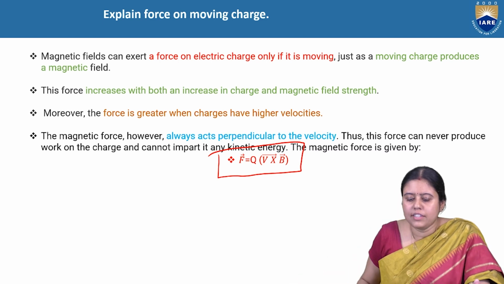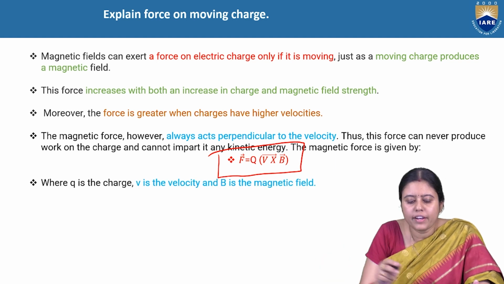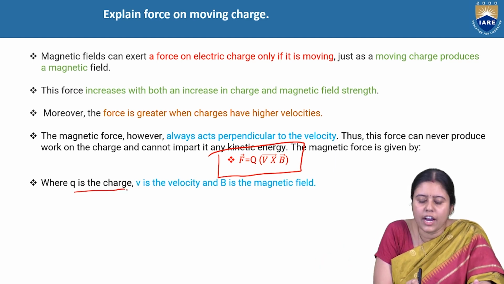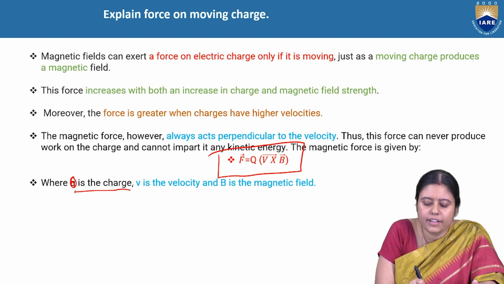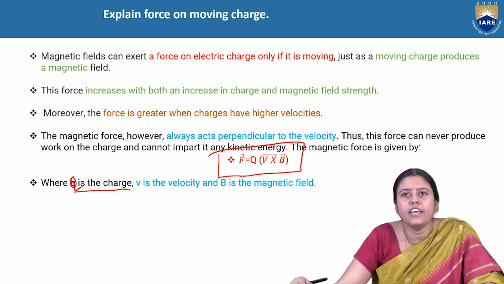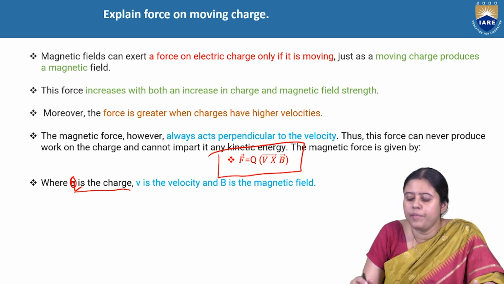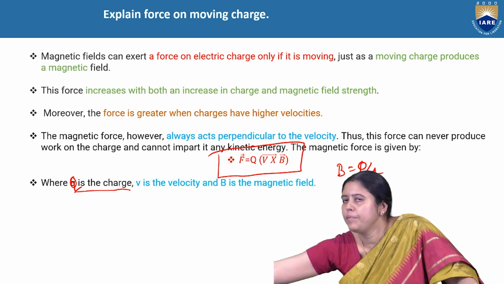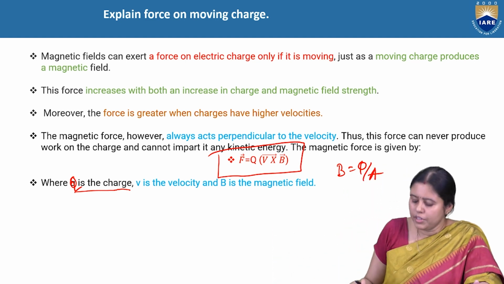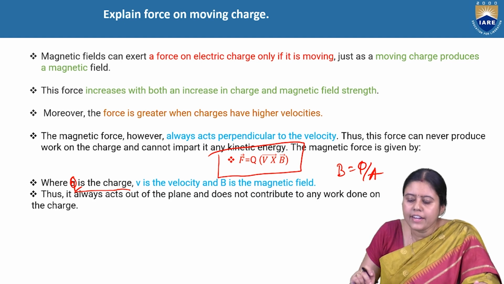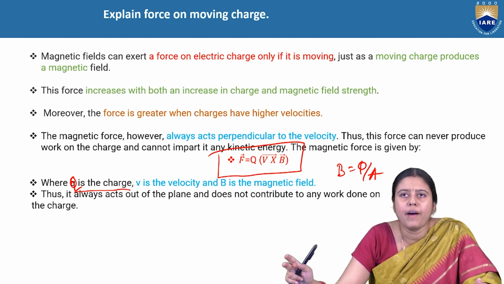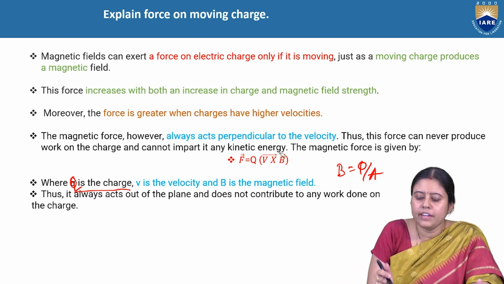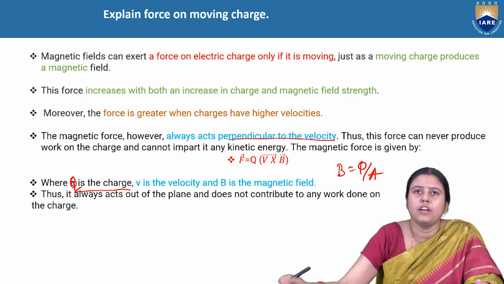What is the nomenclature? Q is the charge, V is the velocity, and B is the magnetic field strength. B can be written as flux per unit area, phi by A. And the force always acts in a direction perpendicular to the velocity.